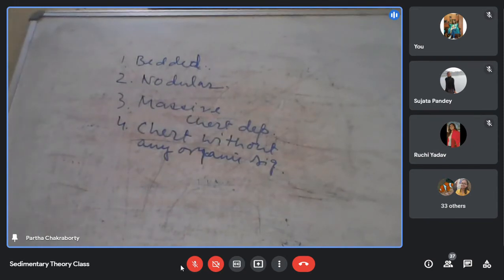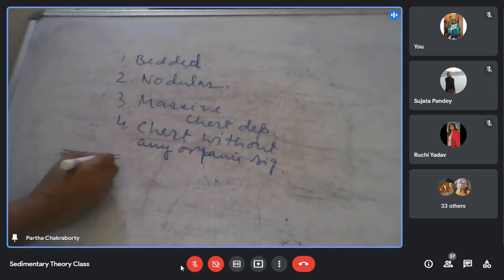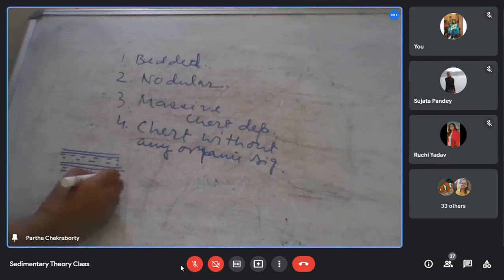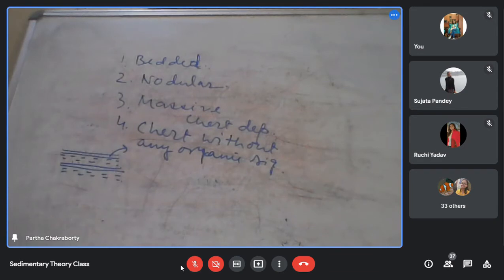Now, bedded, that is thin beds of silica alternating with shale. Then people tried to observe how these thin beds are formed. What they found is that in many of the thin beds, they are finding organic traces, that is diatoms or radiolaria.